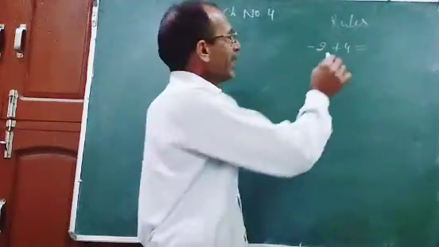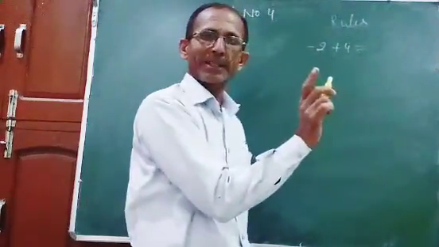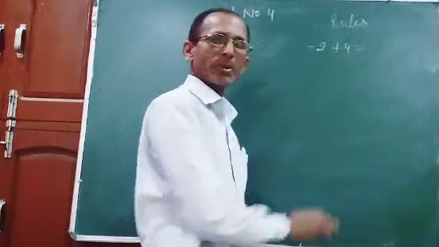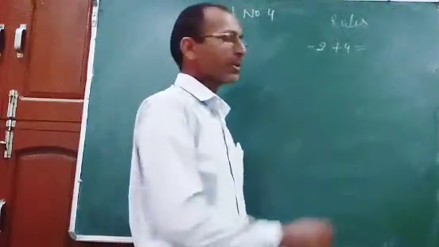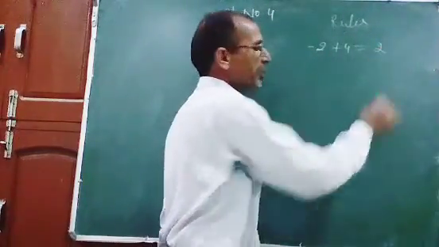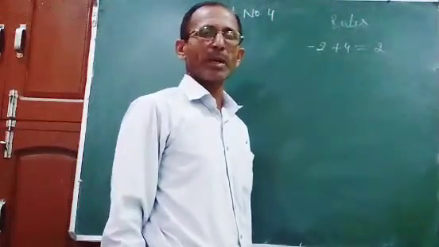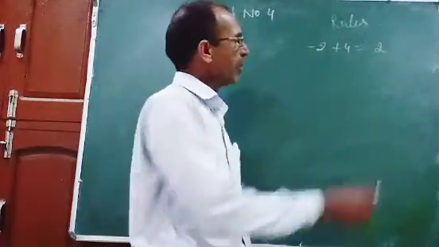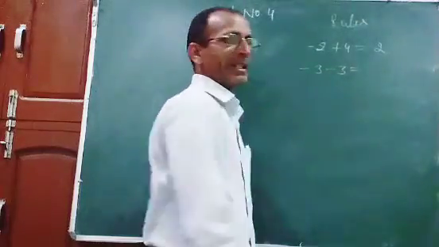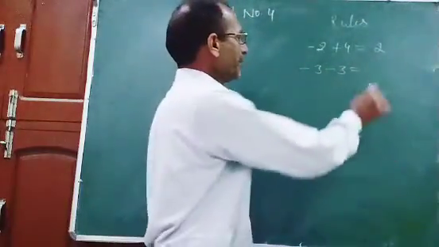Same signs means like signs; one minus and one plus are unlike signs. So minus 2 plus 4 will be equal to plus 2, because plus appears more times than minus.